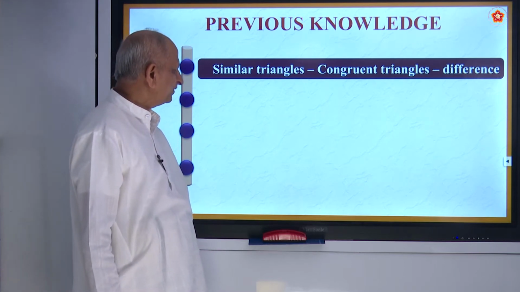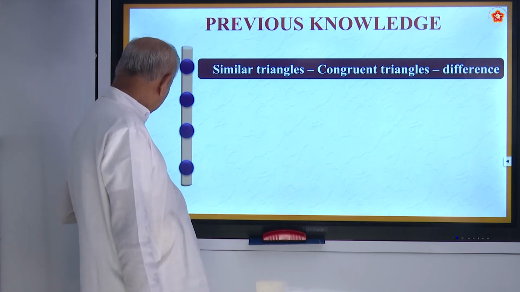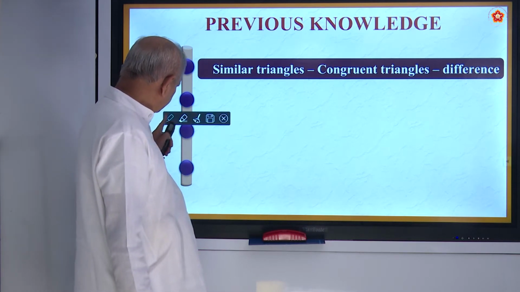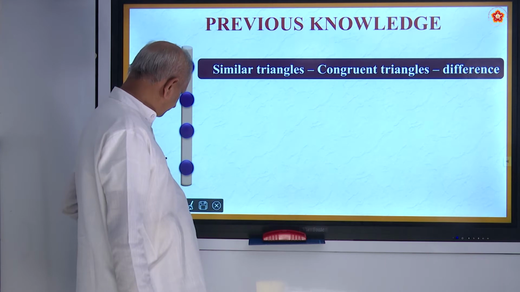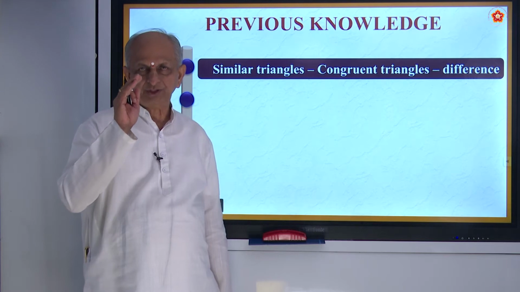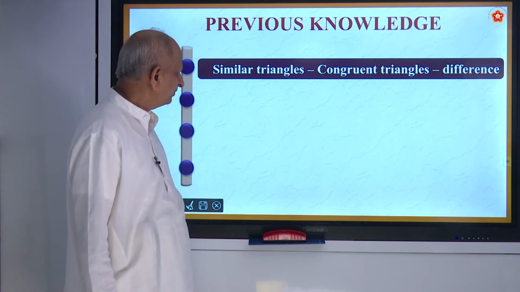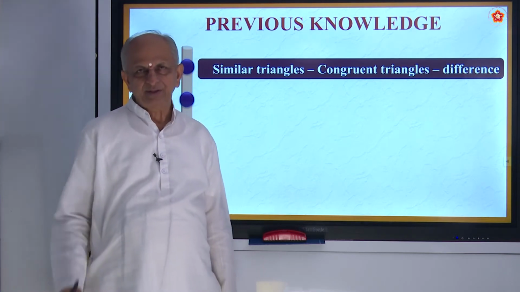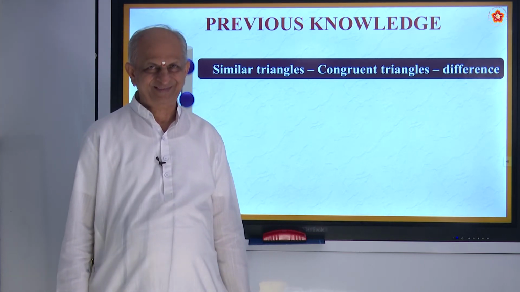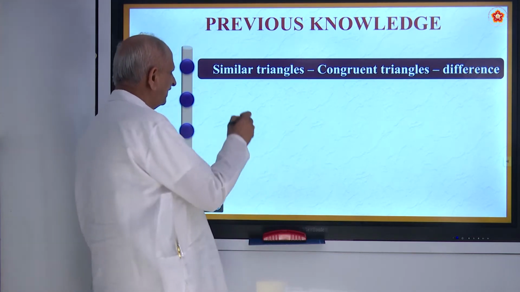Now we are studying about similar triangles. What is the difference between similar triangles and congruent triangles? Congruent triangles means they are equal both in shape and size. Whereas similar triangles means in shape they will be equal, but not necessarily in size.